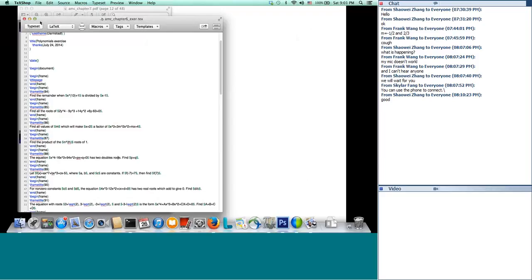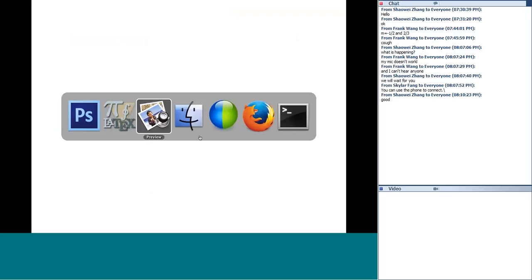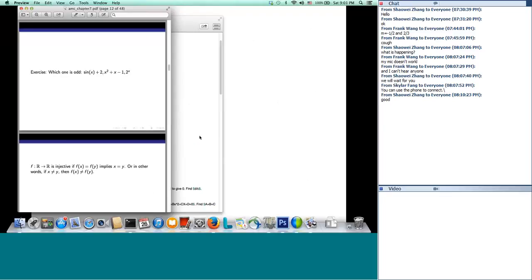What's going on here? Okay, so you verify. Change sine x plus 2. You put the minus x to sine minus x, it would be minus sine x plus 2.